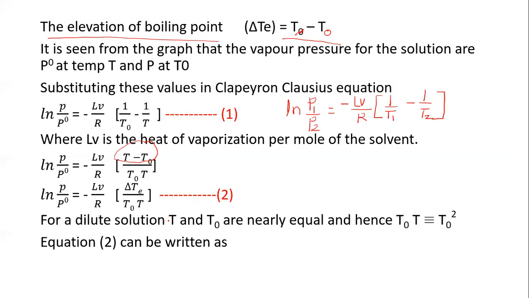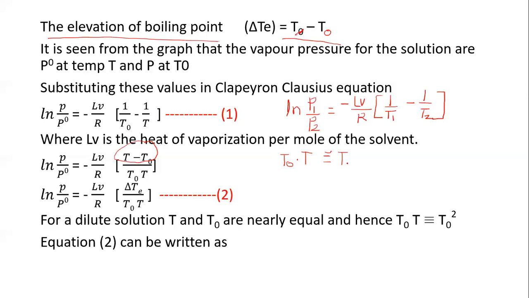Now for a dilute solution, the T and T0 are nearly equal. If the solution is very dilute, then the boiling point of the solvent and the boiling point of the solution do not differ so much from each other. So the product of boiling point of the solvent, that is T0, and the boiling point of the solution, that is T, we can write approximately equal to T0 square.